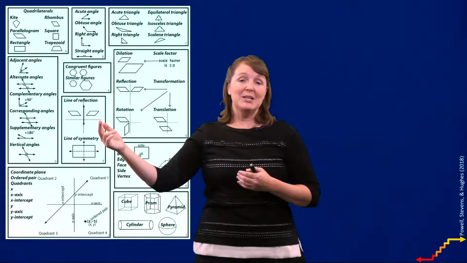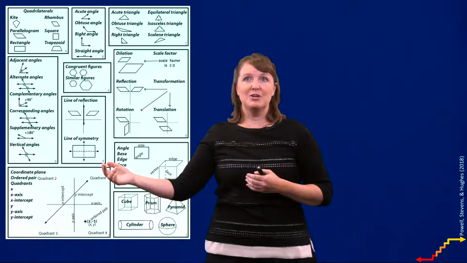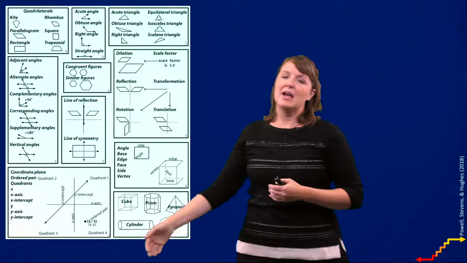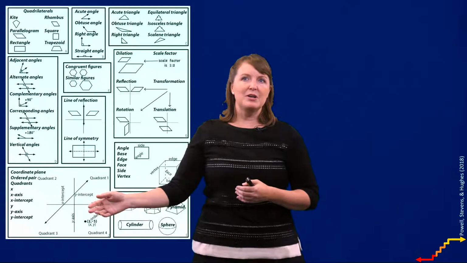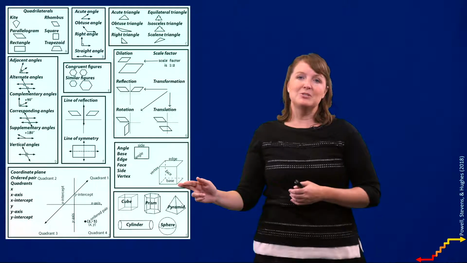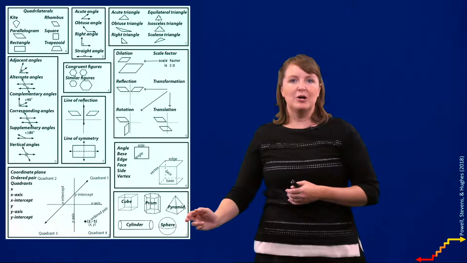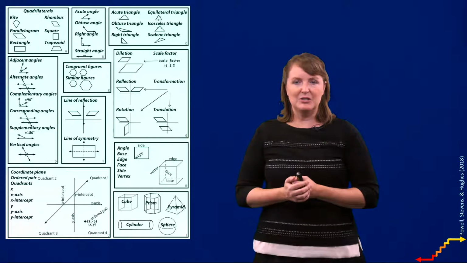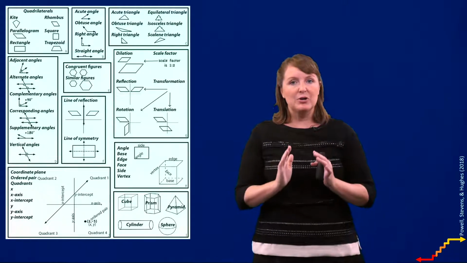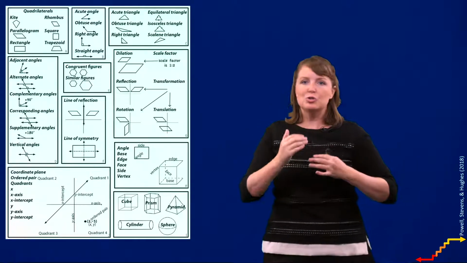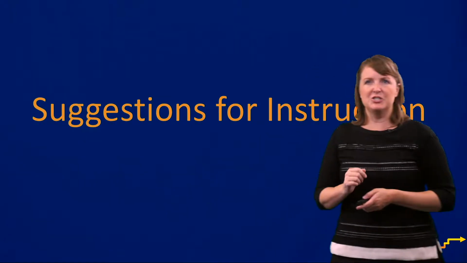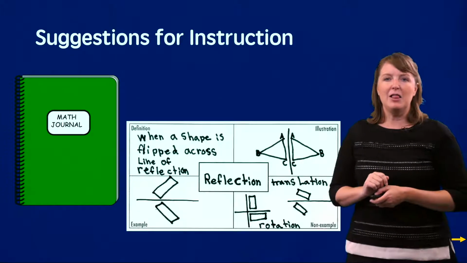There is a difference between the line of reflection and lines of symmetry, in the same way that there are differences in how we talk about transformations, how we talk about things related to the coordinate plane, how we talk about things on the two-dimensional figures and three-dimensional figures, and then the specific terms for lots of different three-dimensional figures. So remember, you need to provide specificity with the terms that you are using so that students don't confuse these different terms.